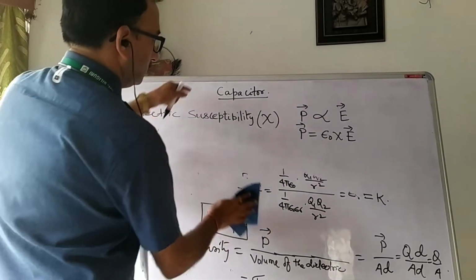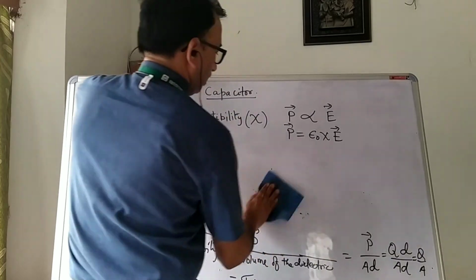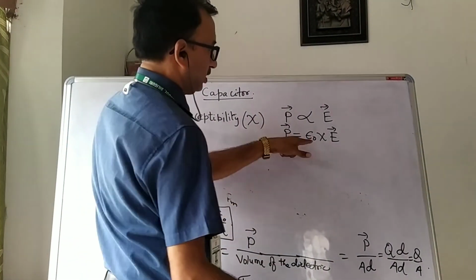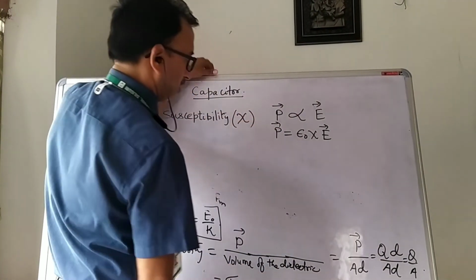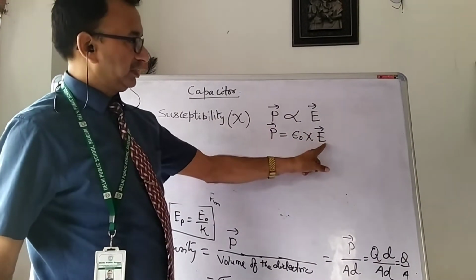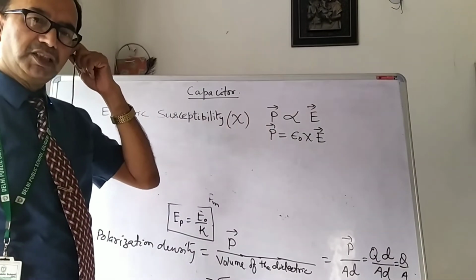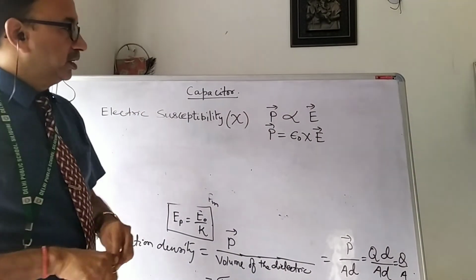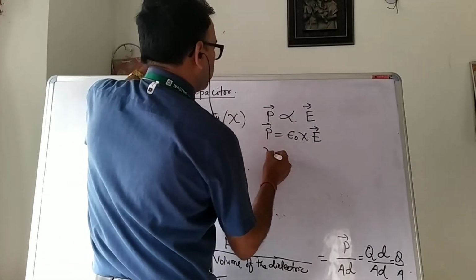Right? Now, this chi is a dimensionless quantity. When vector P is linear to vector E, then we call it an isotropic medium. Now, what is the value of chi?